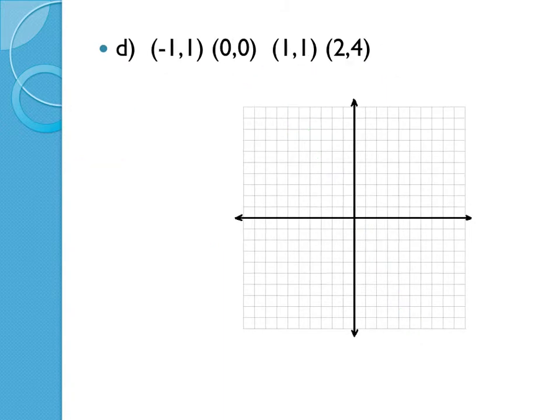All right, negative 1, 1. Negative 1, 1 is left one, up one. Then we have 0, 0.